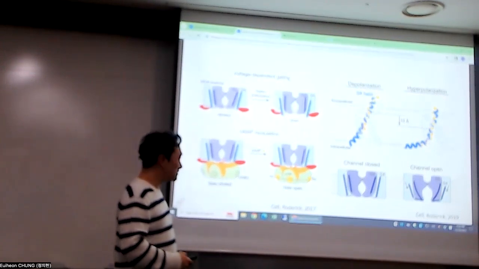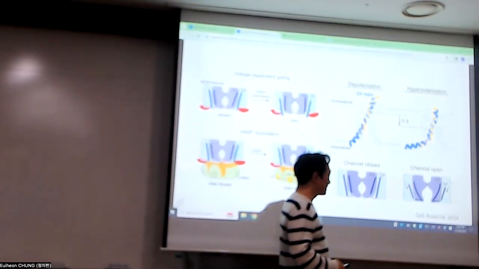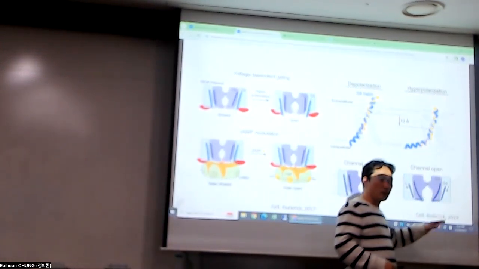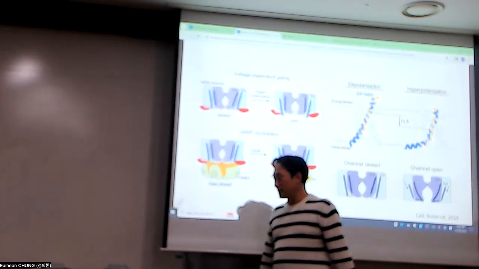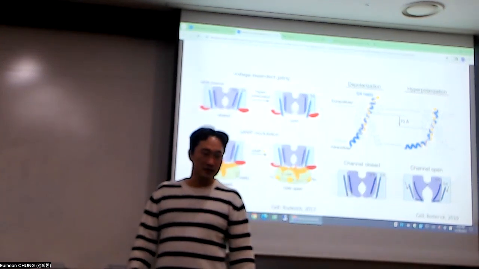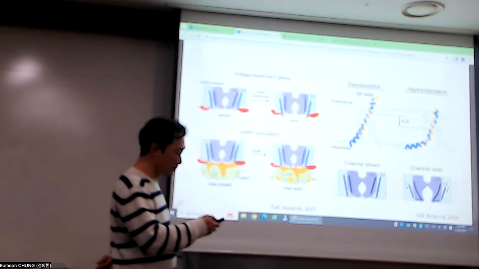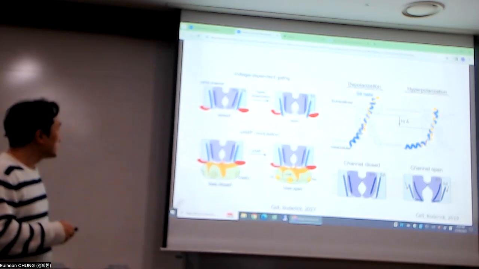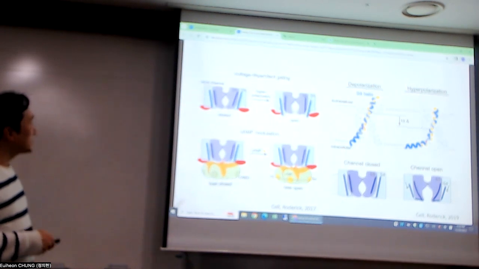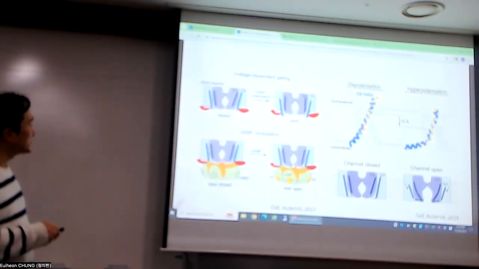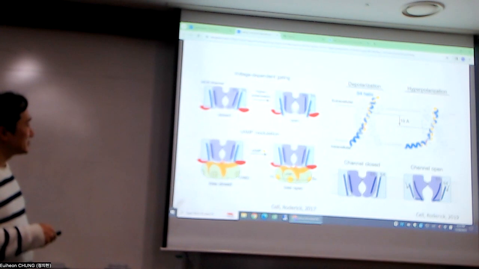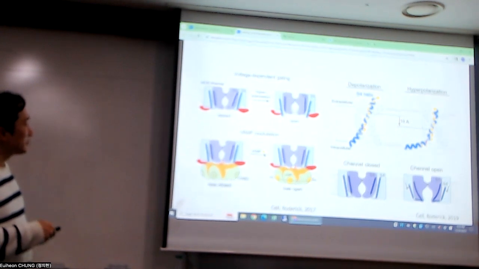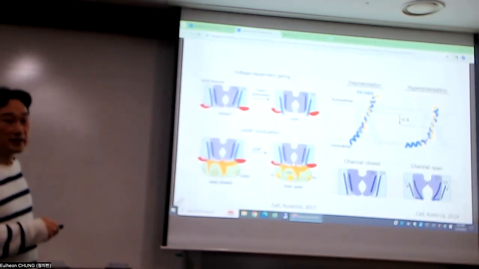Now I could understand clearly how opening and closing operates through the S4. Previously the length was okay, it's the same, they did it pretty well even in 2017.